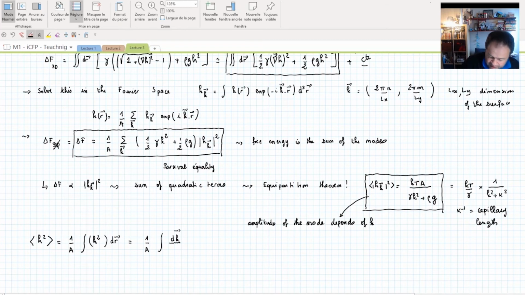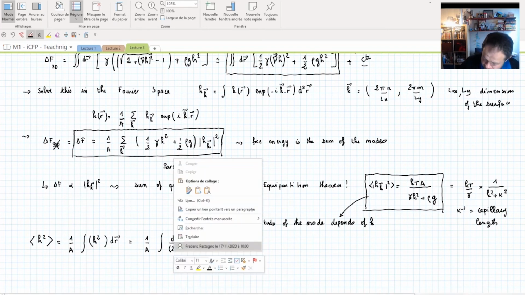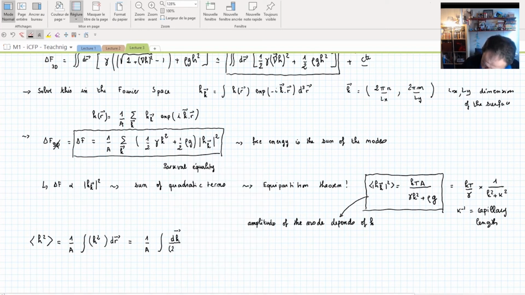That's here that I will come back from the discrete to the continuous sum, which is 2 pi to the square times hk square. And here again, I am using the Parseval theorem.